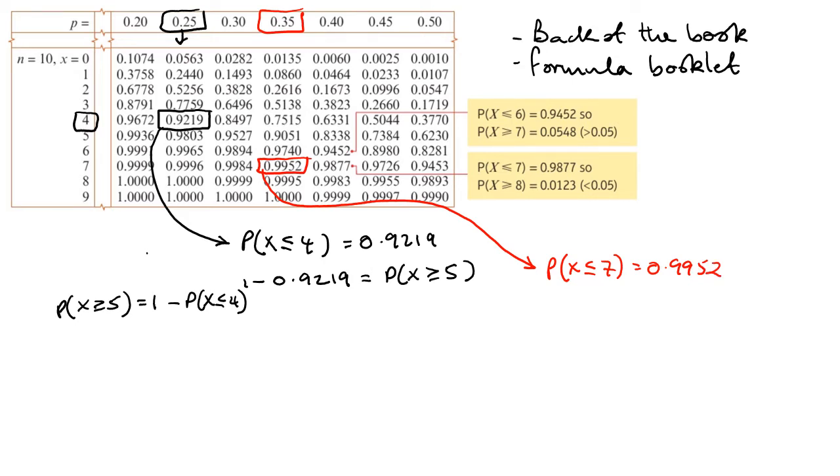But it also means 1 minus 0.9952 is equal to the probability that x is greater than or equal to 8. Why is that? Because the probability that x is greater than or equal to 8 is 1 minus the probability that x is less than or equal to 7.